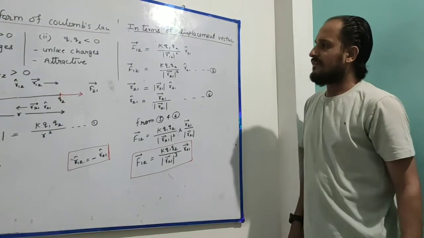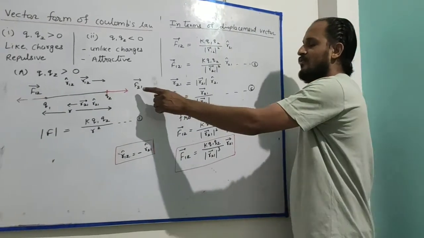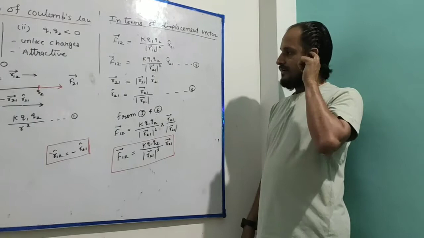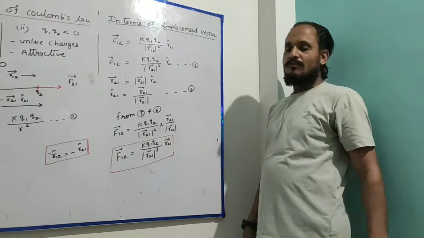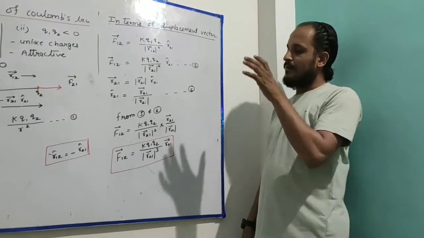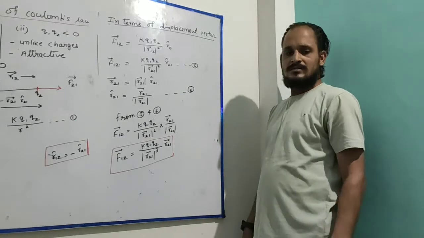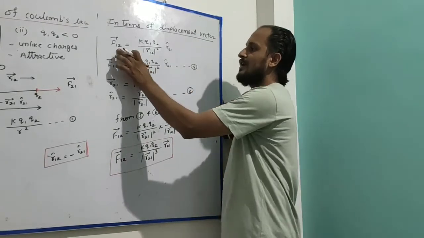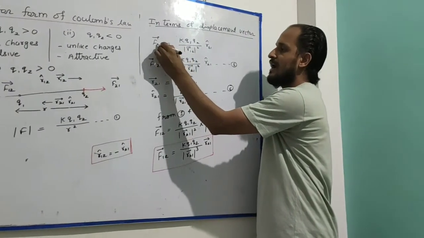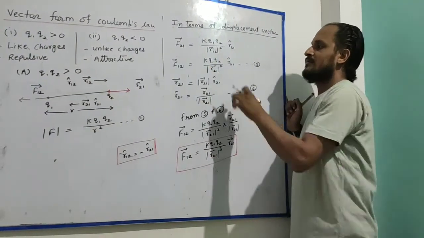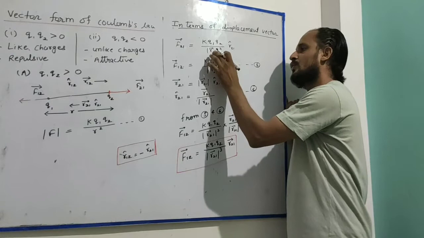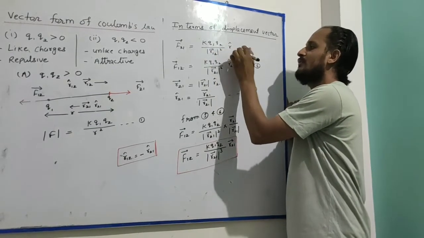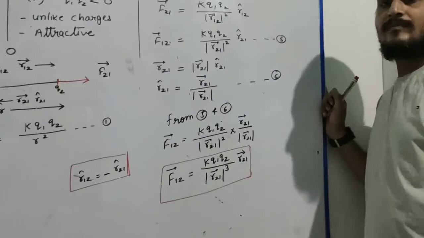Now similarly, if it is asked you to express force F21 vector in terms of displacement vector, what will you do? You will apply the same process. Instead of r12 cap, you will write r12 vector divided by r12 magnitude.